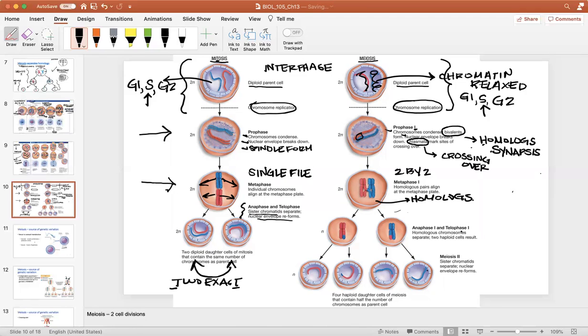At the end of meiosis 1, when we go through anaphase and telophase, what happens here is we're going to have spindle fibers pull this entire structure in this direction.